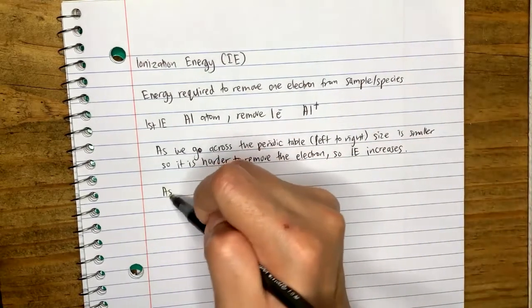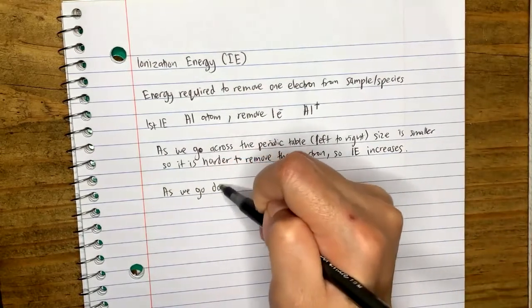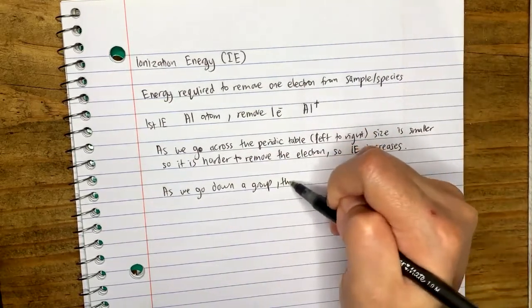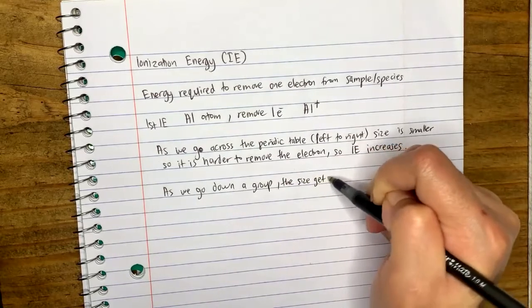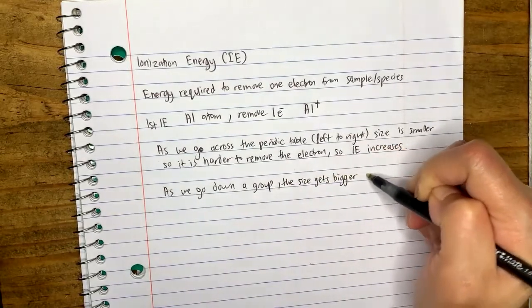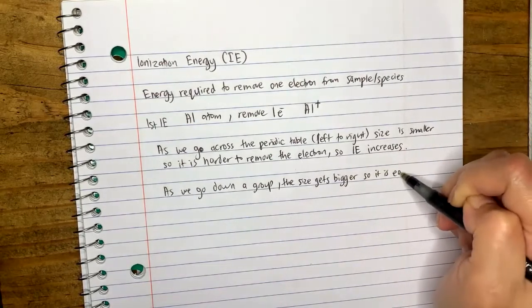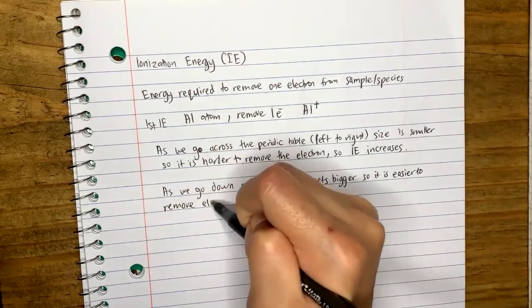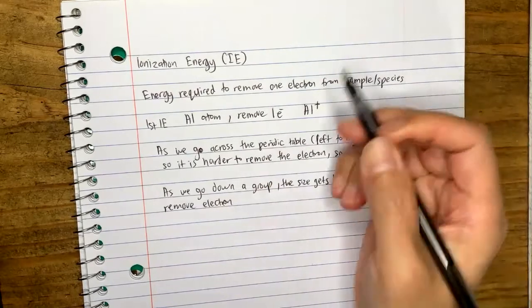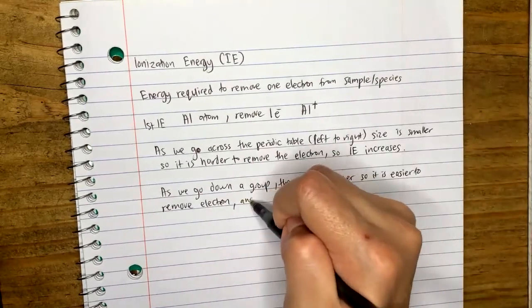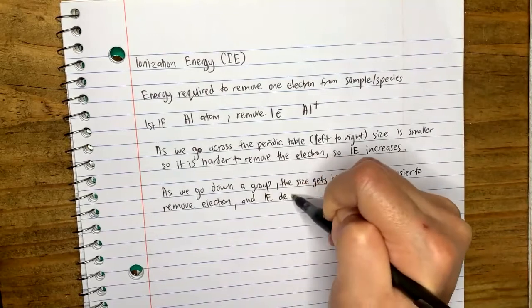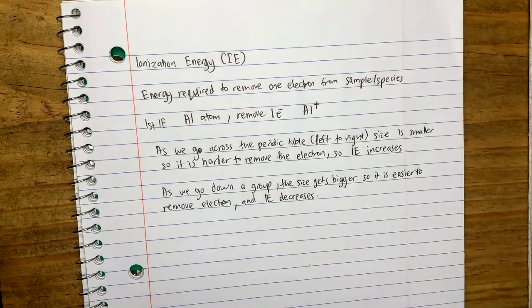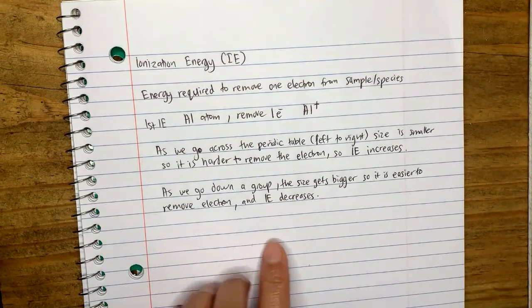Okay? As we go down a group, the size gets bigger. So it is easier to remove the electron, and IE decreases because it gets easier to take it out. And why is it bigger?